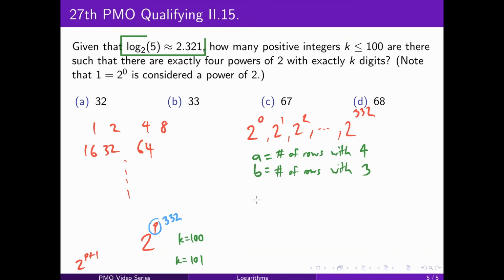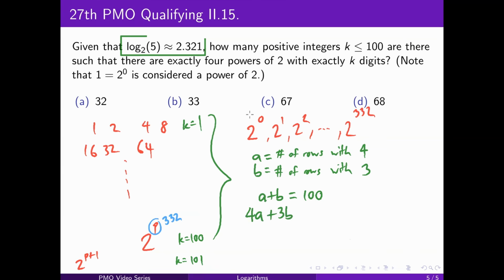So what are the equations we can make with A and B? Well, first we know that A plus B should be 100, because you're considering a total of 100 rows from k equals 1 to k equals 100. Next, how many powers of 2 are there in all? There are 4A plus 3B powers of 2.